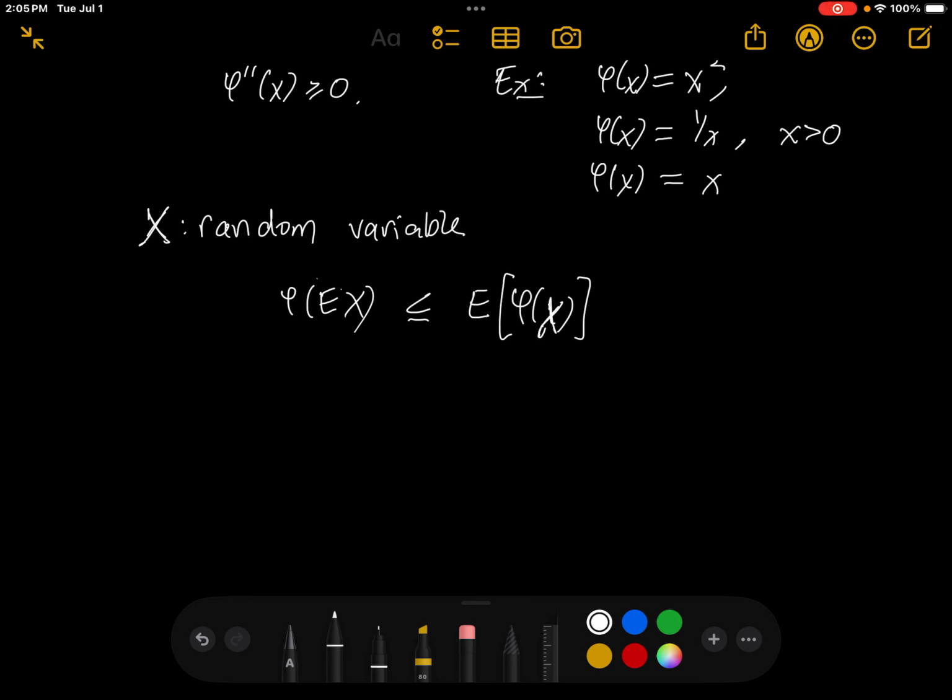Remember, x being a random variable, x is a function, so phi of x really means phi composed with x. You do x first and then phi. That's a random variable, and then you take the expectation of that. So Jensen's inequality is saying that the left-hand side is less than or equal to the right-hand side.